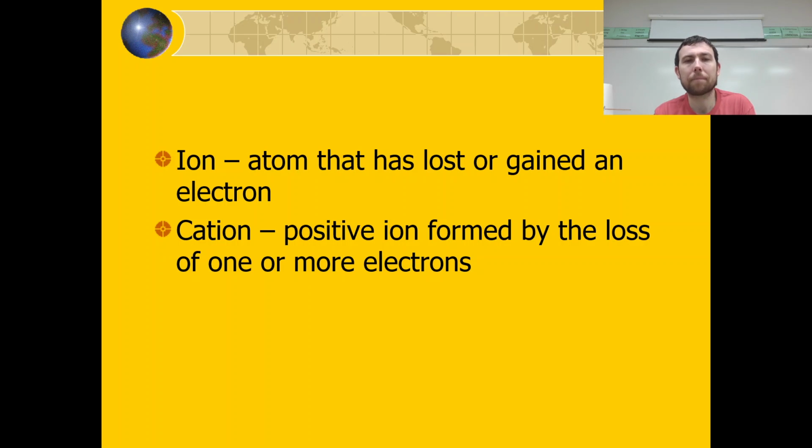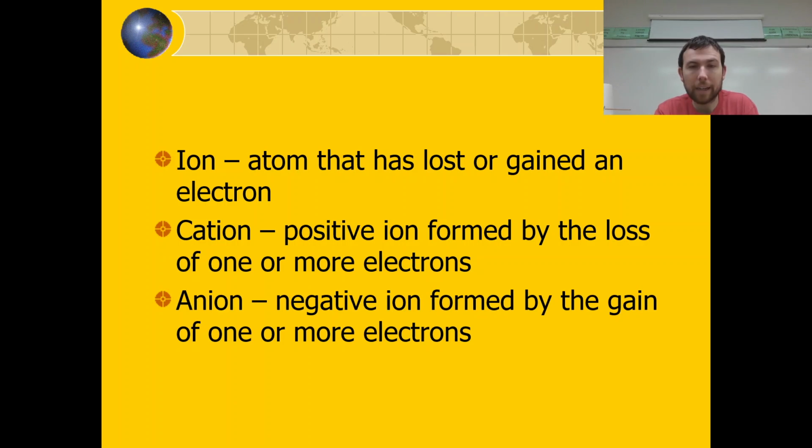Whereas your anions, those are going to be negative ions that are formed by the gaining of 1 or more electrons. Again, those tend to be your nonmetals on the periodic table. But again, if you think about it from a periodic trends perspective, your anions tend to be elements that are very small in terms of their size.